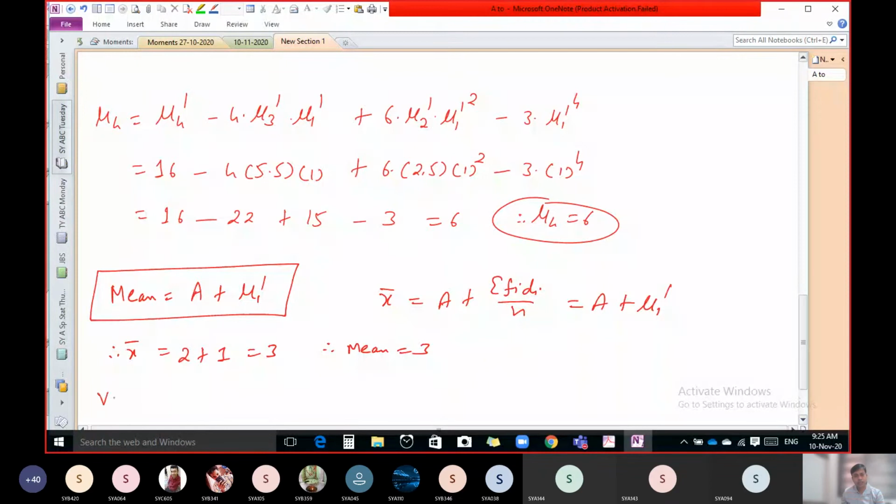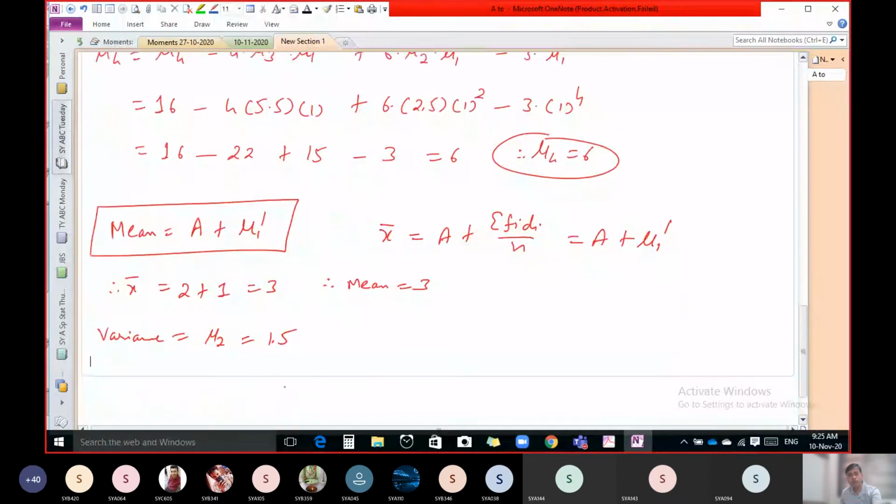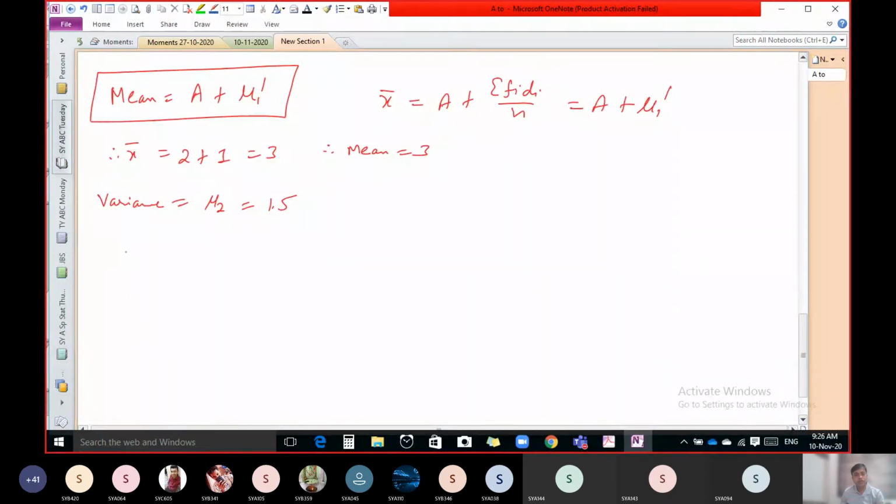And variance is nothing but mu2, that is 1.5. But here we have to find out standard deviation, so it is the root of variance.